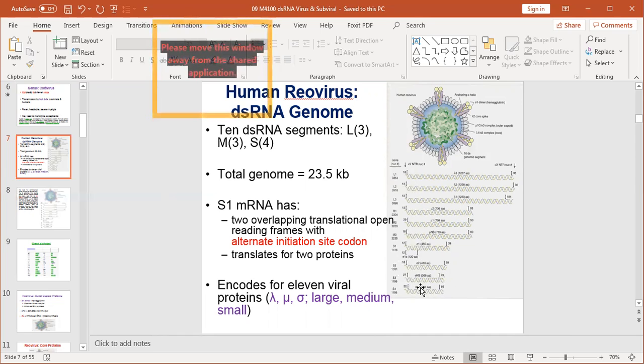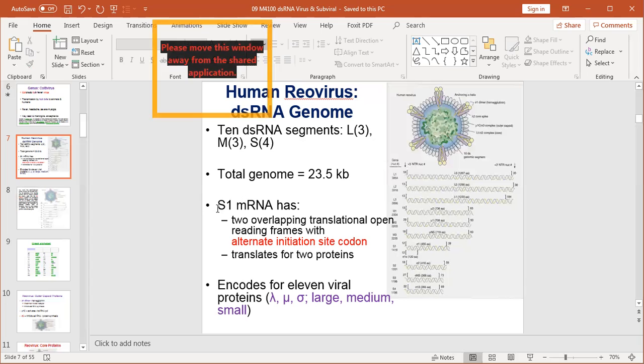And S1 messenger RNA has 2 overlapping translational open reading frames, or 2 ORFs, that have alternate initiation site codons, meaning that they're overlapping, they have 2 regions where translation can occur, therefore it results in the production of 2 different proteins.